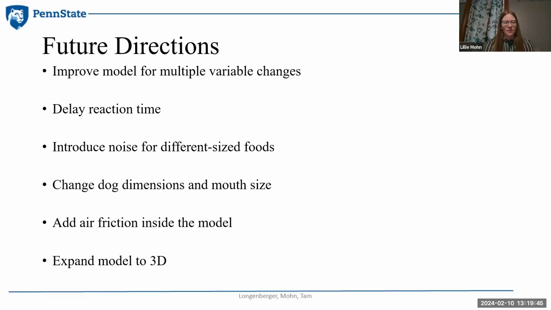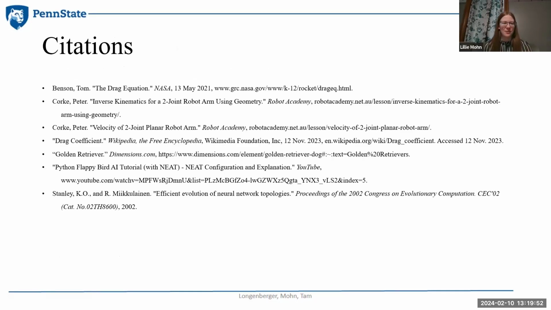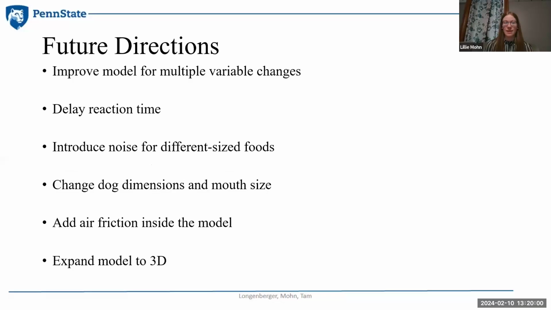Next, we would add air friction inside the model. So this kind of goes back to introducing the noise, but if we wanted to test one single food, then we would be able to do that. And then finally, we would expand our model to 3D instead of just keeping it in the 2D version that we were working with.